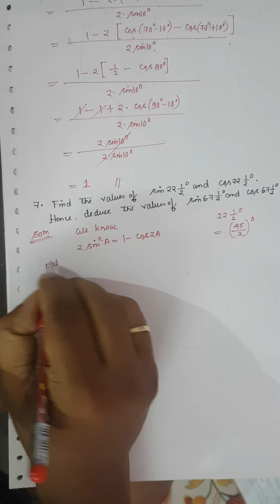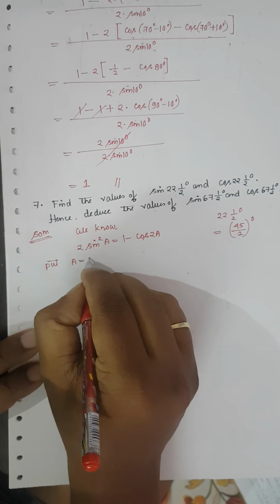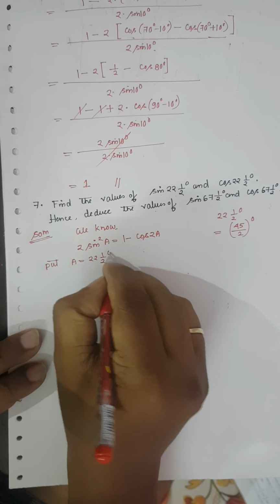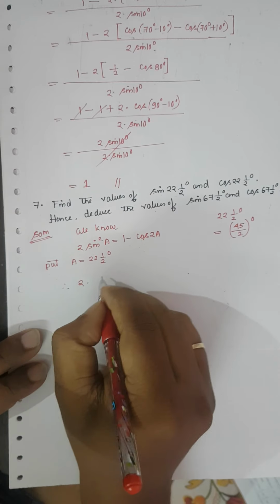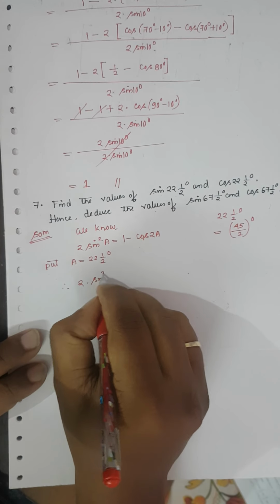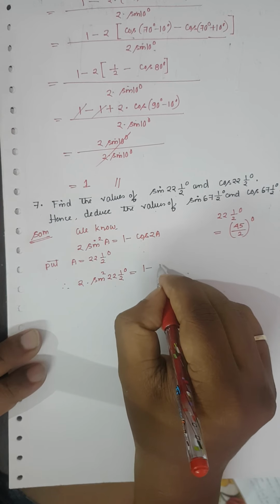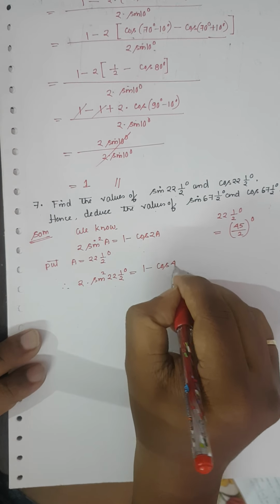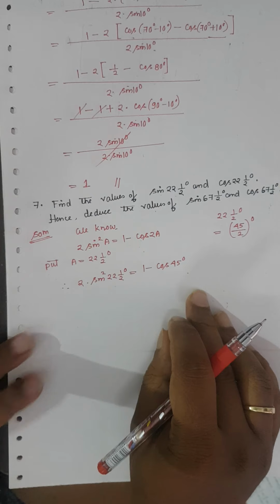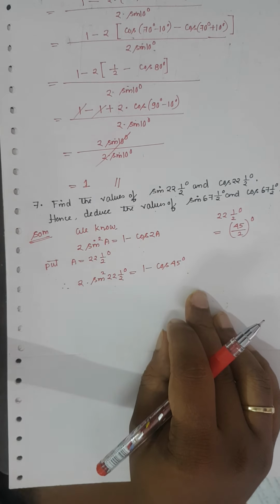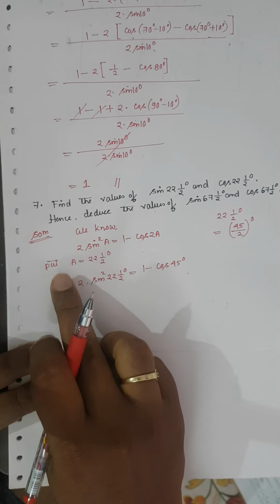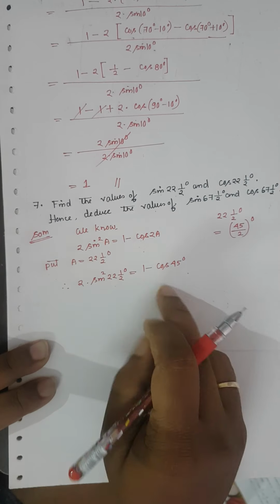Put A is equal to 22 and half degree. I will get 2 into sine square 22 and half degree is equal to 1 minus cos 45 degree. Am I correct? 22 and half degree means 45 by 2 degree. So if I put A is equal to 22 and half degree, I will get this.